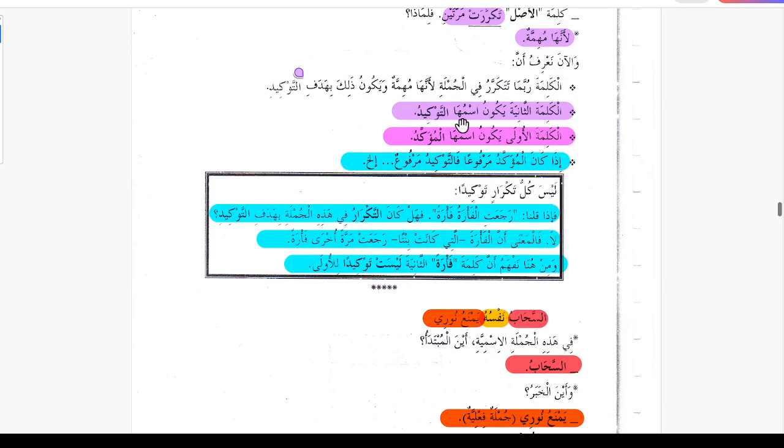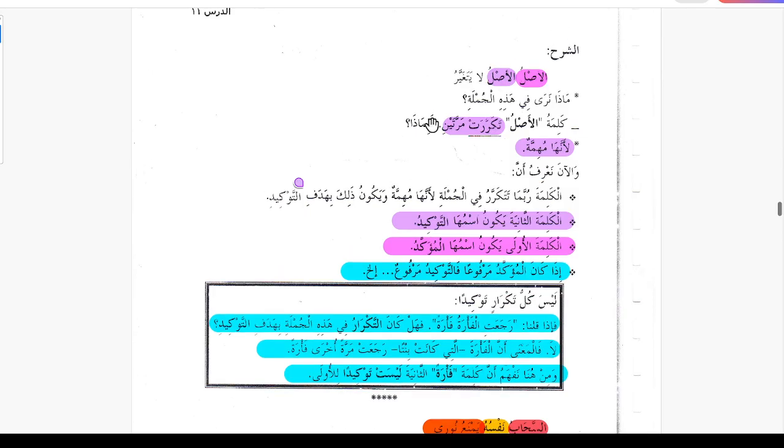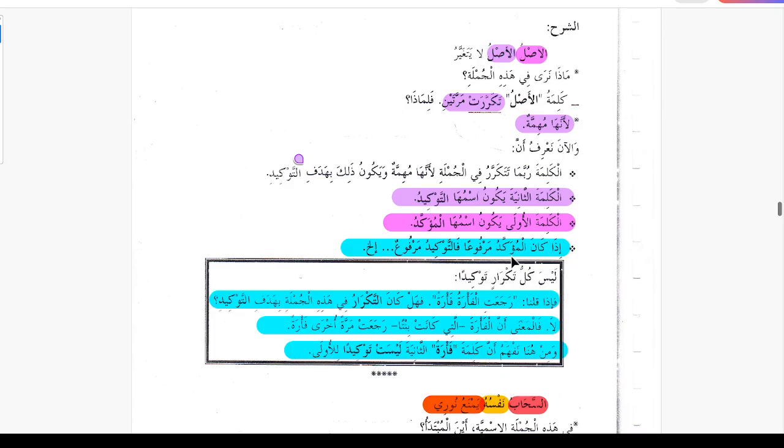The second word is called tukid, the emphasis, and the first word is called al-muwakkad. So tukid and muwakkad. If the muwakkad is marfu', the tukid is going to be marfu'. I mean, it's also mansoob or majroor. So the tukid follows the muwakkad in all the i'rab.